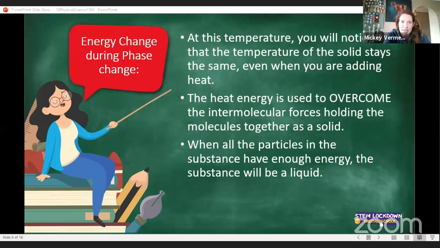I am going to use water as an example, to try and show you the best I can with a picture what happens when we heat a solid up.